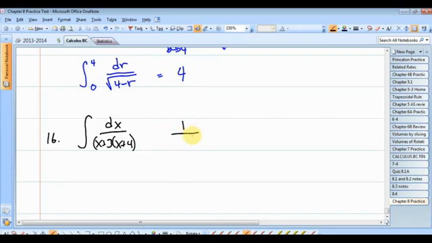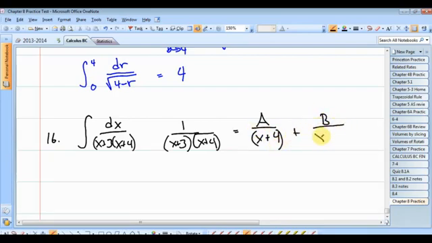So we have 1 over x plus 3, x plus 4 equals a over x plus 4 plus b over x plus 3. 1 equals a times x plus 3 plus b times x plus 4.